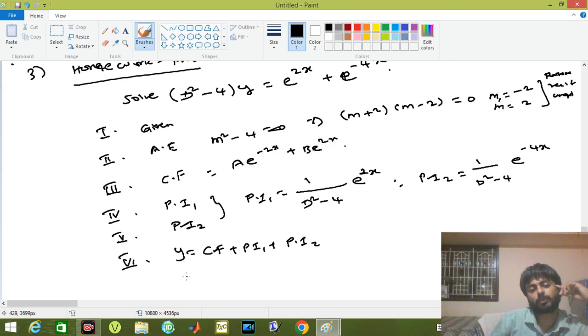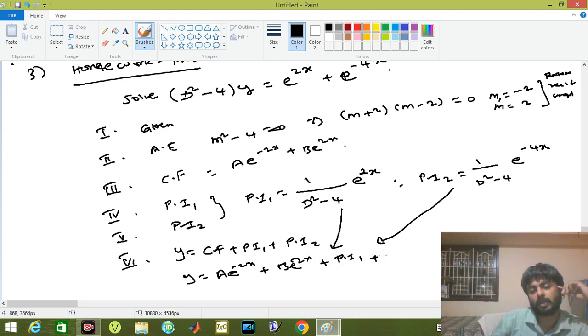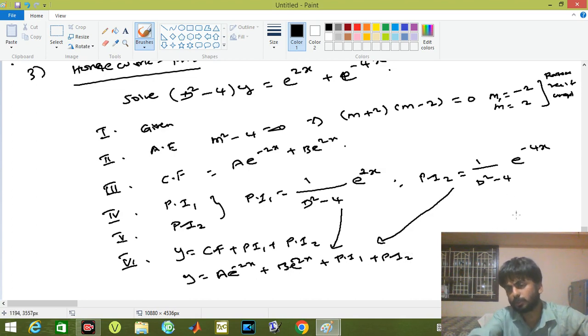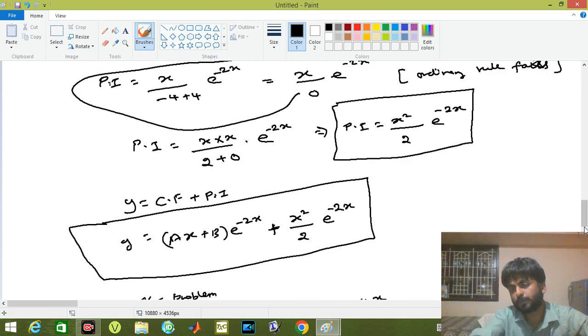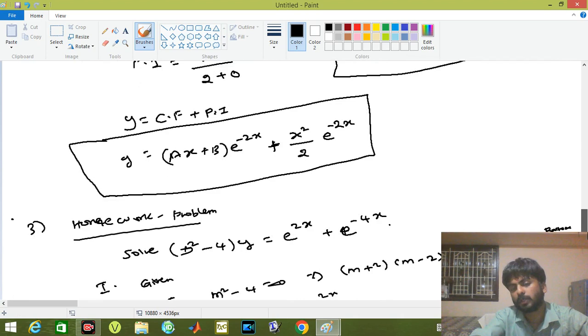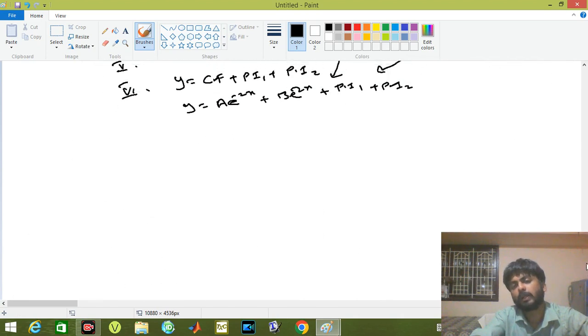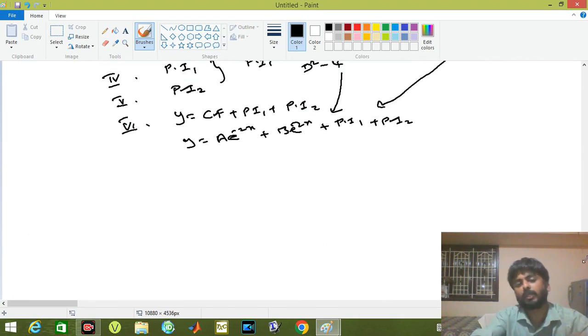Okay, so your solution will be y equal to a e power minus 2x plus b e power 2x, plus you have to find PI1, that will come here, and this PI2 will come here. I shall give you the final result also. I have explained you the procedure, and I have given the final answer also.